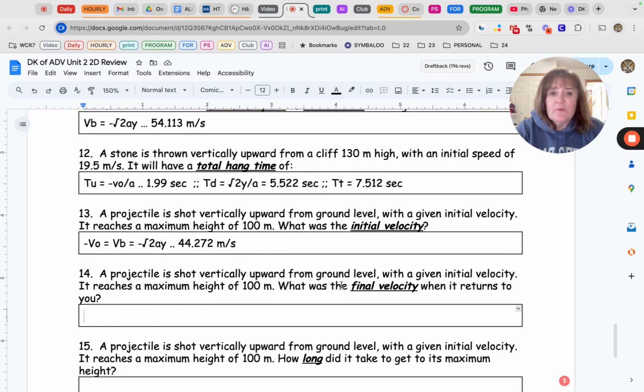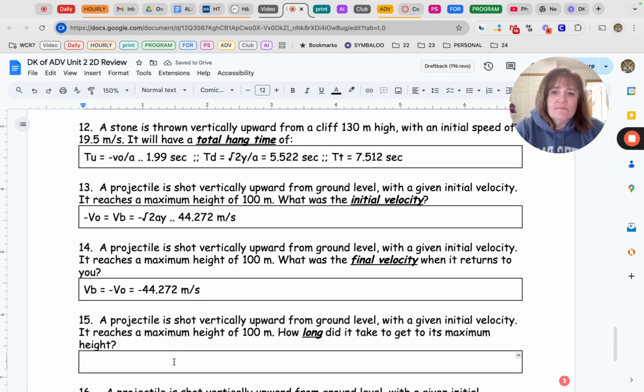Projectile shot vertically upward from the ground with a given velocity. It reaches a height of 100. What was the final velocity when it returned to you? Well, since we know V final is equal to negative V naught, and V naught is 44.272, V final is equal to negative 44.272 meters per second.